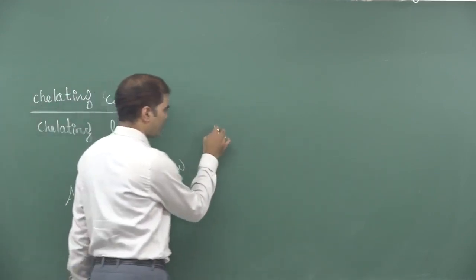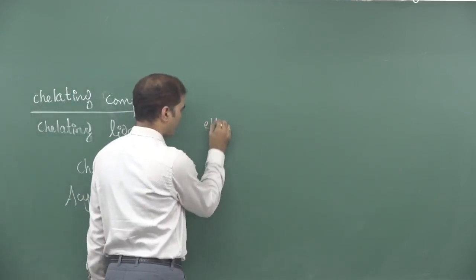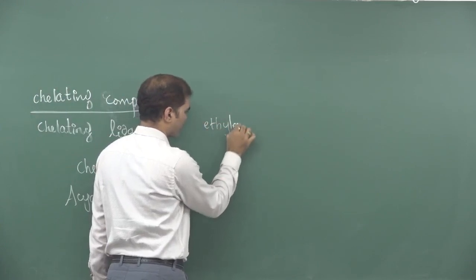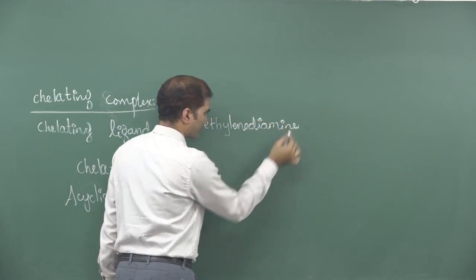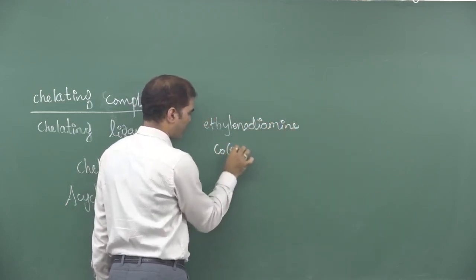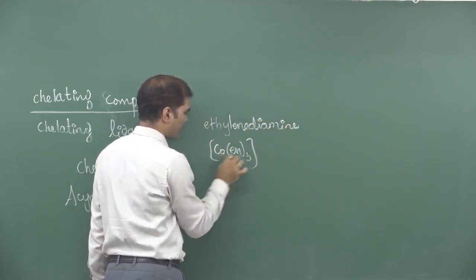What is the importance of this chelating ligand? I am taking a simple example of ethylene diamine. Let me take the complex tris ethylene diamine cobalt 3.